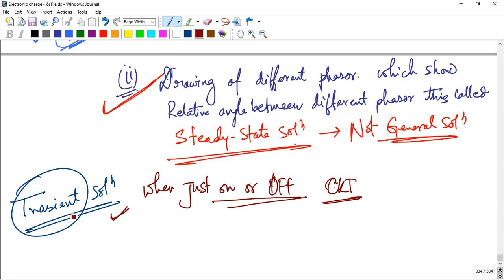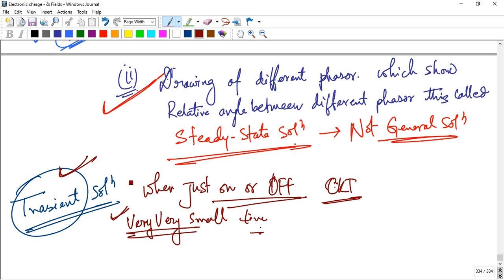This solution is called the transient solution.